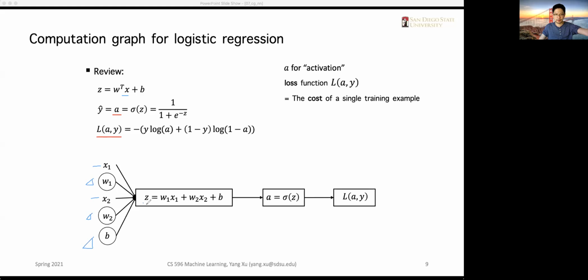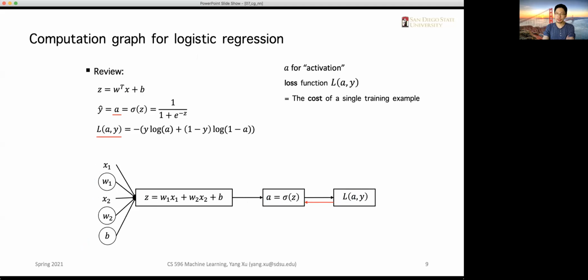The first step is z, and we put z in this box, the second step A as the second box, and the last step is to compute L. That is the analogy from the simple computation graph to the graph for logistic regression.